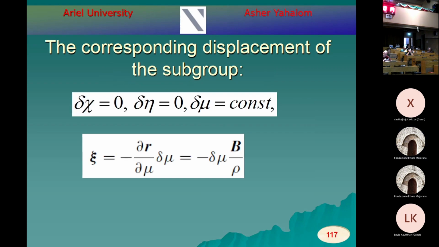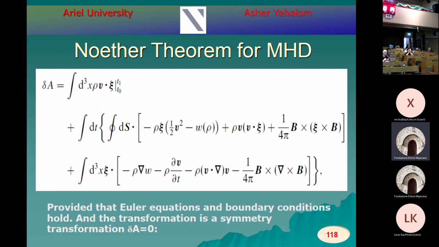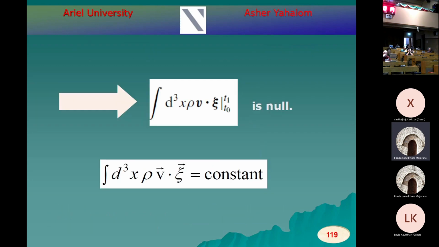So we have this symmetry psi, which is the partial derivative of the R vector with respect to mu times delta mu. And you can show that this equals B over rho. And if the Euler equations are satisfied, boundary conditions are satisfied, and the variation is null, then you get a Noether current.